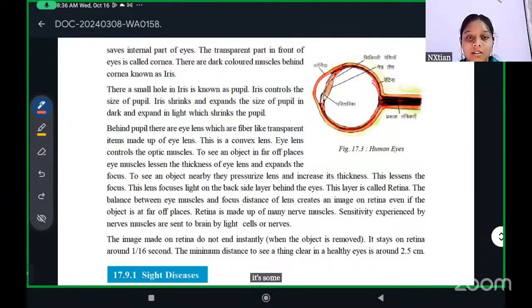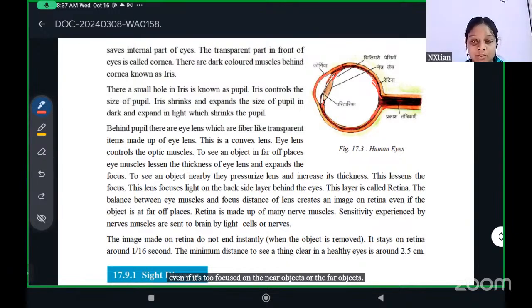They do place a lens in your eye to correct your vision, to correct your focus, whether to focus on near objects or far objects. All right, there are surgeries to place a lens in your eye.